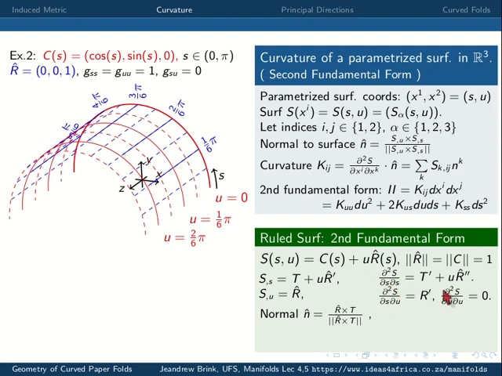Okay, so now we have the derivatives of these S's. But to work out the curvature, you have to project it onto the normal vector. So we basically work out our normal vector, which in this case is just r cross t. Okay, so here basically comes the proof of what n actually is. Okay, so remember the normal to the surface is simply S_u cross S_s, normalized to 1. So S_u is r hat, cross S_s, but because r is a unit vector, r prime is orthogonal to r.